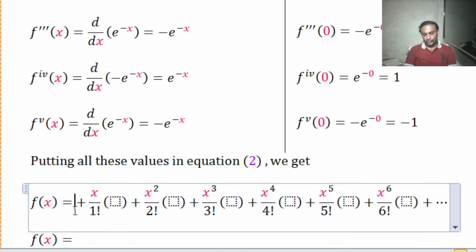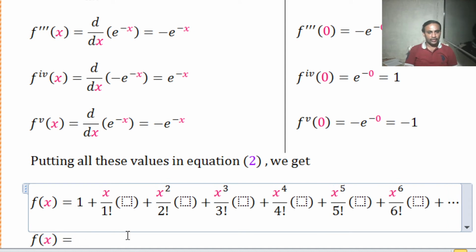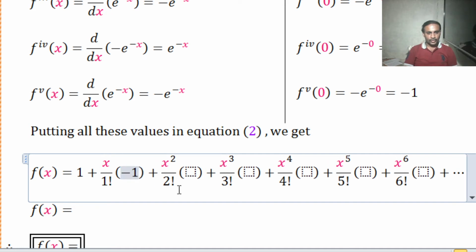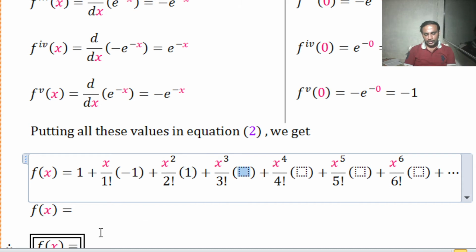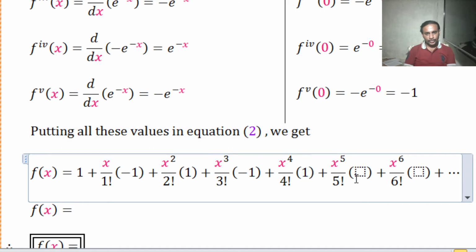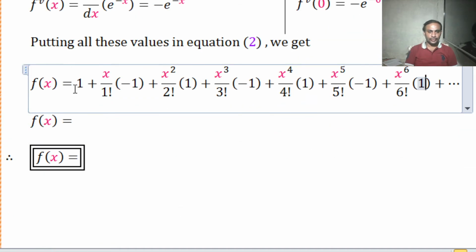If we use these values, we get 1 plus x upon 1 factorial into minus 1 plus x square upon 2 factorial into plus 1, then the third derivative at 0 is minus 1, the fourth derivative at 0 is plus 1, the fifth derivative at 0 is minus 1, the sixth derivative at 0 is plus 1, and so on.